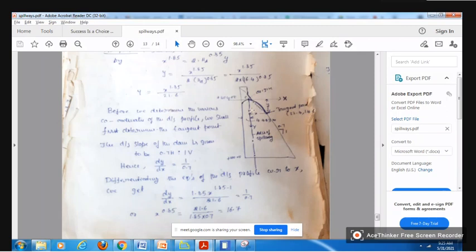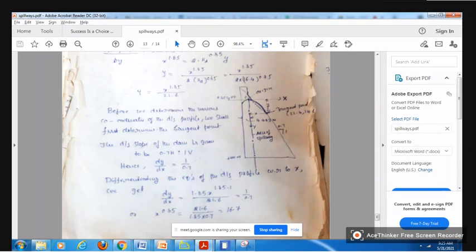Before we determine the various coordinates of the profile, we shall first determine the tangent point. This is the last point, where this curve meets tangentially. How can you determine it? dy by dx should be equal to 1 by 0.7.